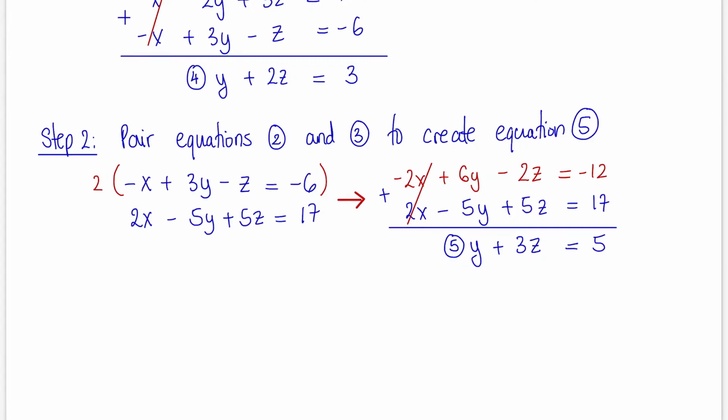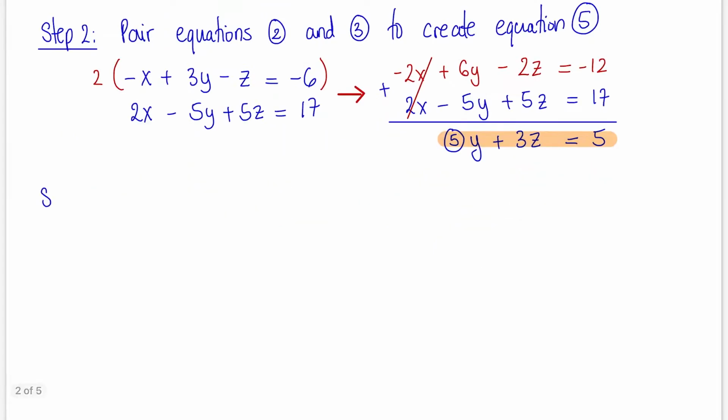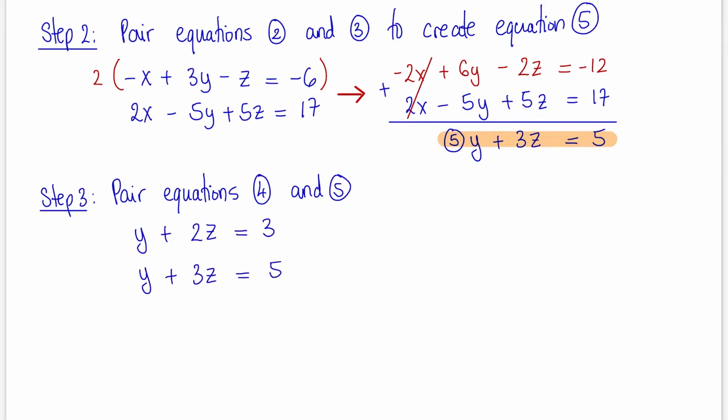Now, I am going to pair equation 4 and equation 5 to have a system of two equations and two unknowns. My equation 4 is y plus 2z equals 3. Equation 5 is y plus 3z equals 5.